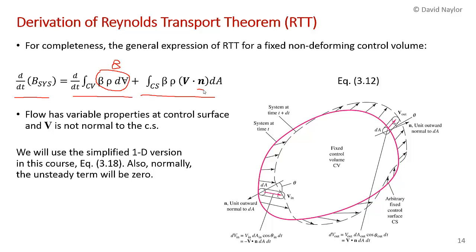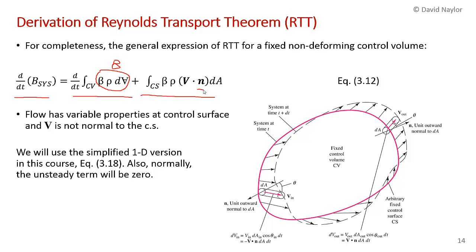Because n is the unit normal, when the velocity is crossing the boundary in the outwards direction, that last integral, the integral over the control surface, becomes positive. And when the flow is inward, you get a negative value because the unit normal points outward. And of course, the dot product gives you the component of the flux of B that's normal to the boundary.